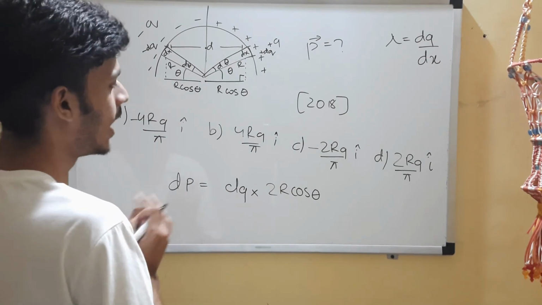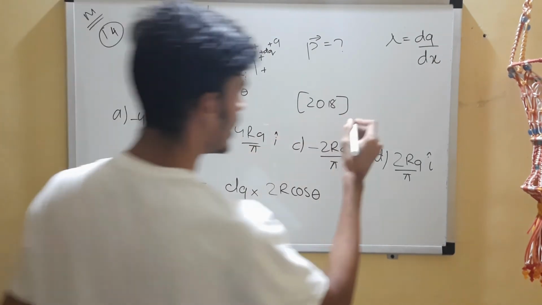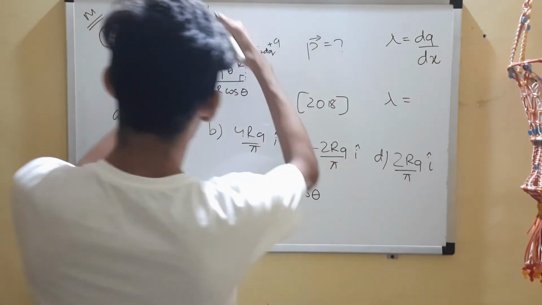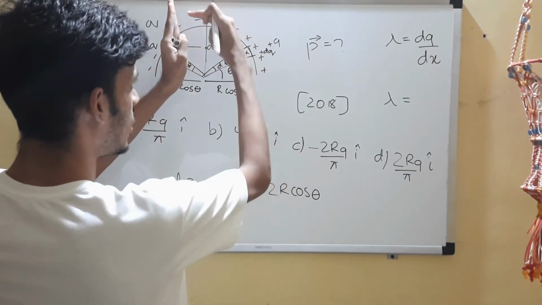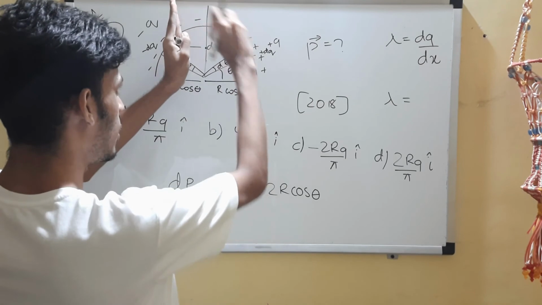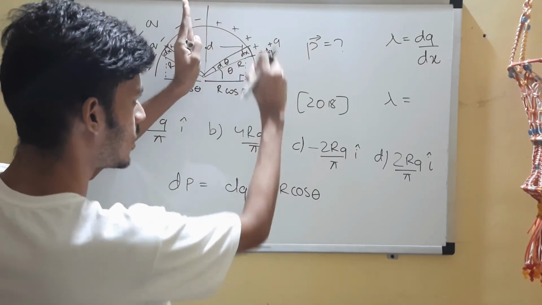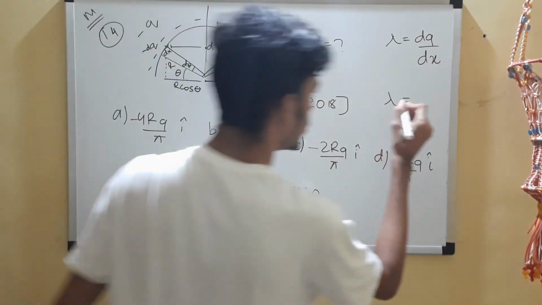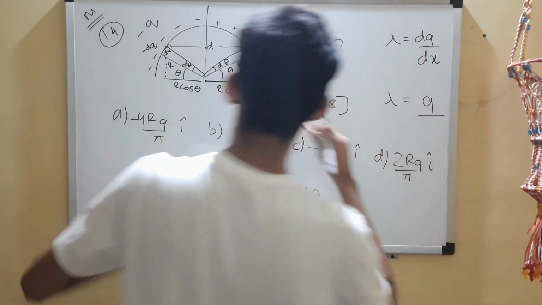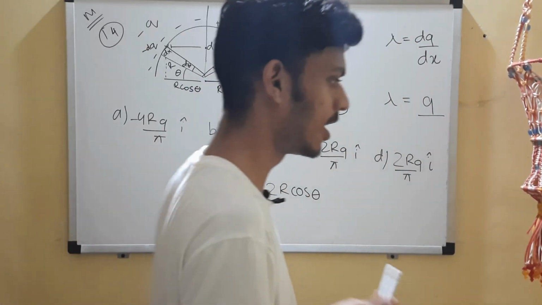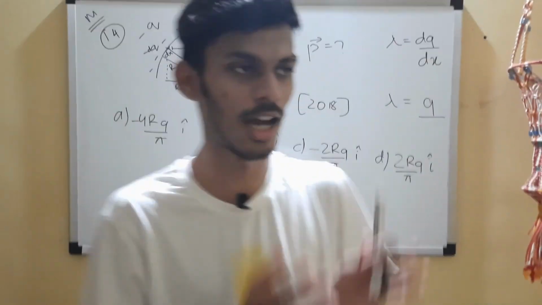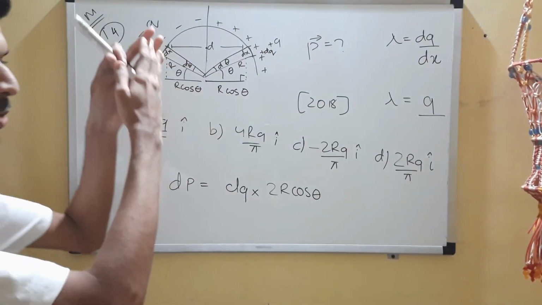In that case, lambda will be the charge on that length. Here the charge over this entire quadrant is plus q, distributed over here, so lambda is q divided by this length. Lambda is basically the ratio of charge to length.